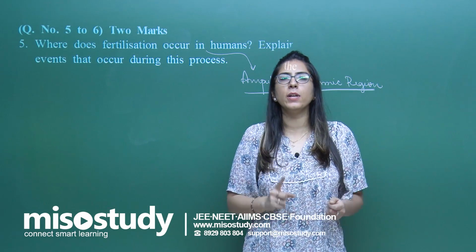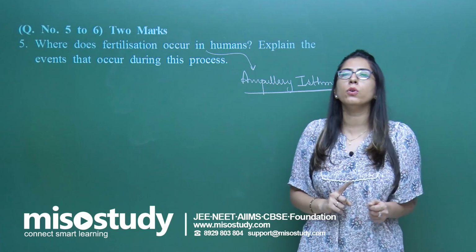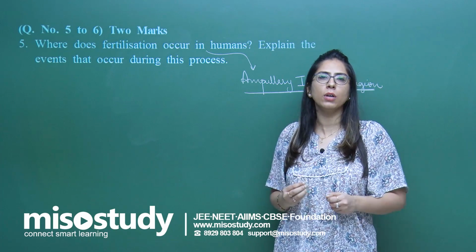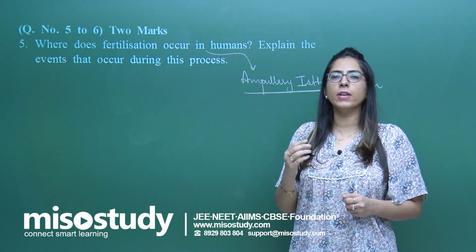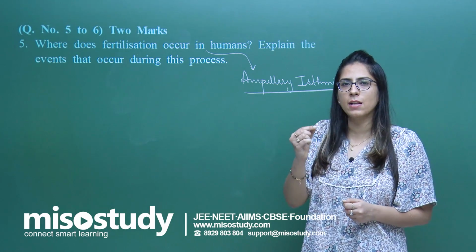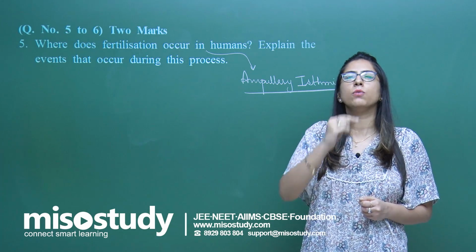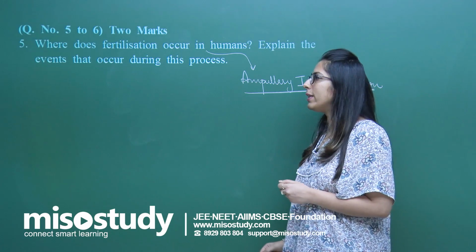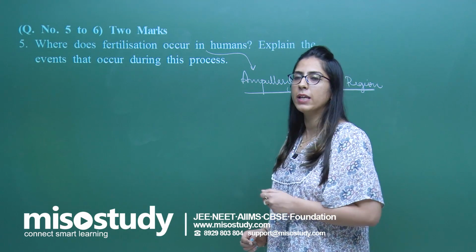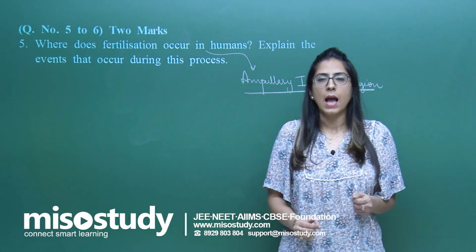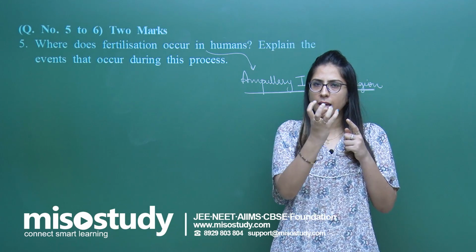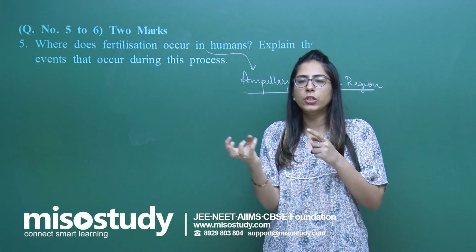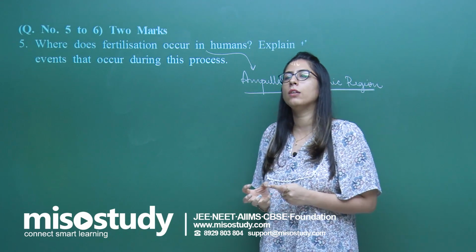Starting from the copulation, that is coitus, due to which the sperms are released into the female vagina. When sperms are released into the female vagina, they travel to the uterus and towards the fallopian tube. When they travel towards the fallopian tube, there the fertilization happens. After that fertilization event, the zygote which is created moves down to the uterus.